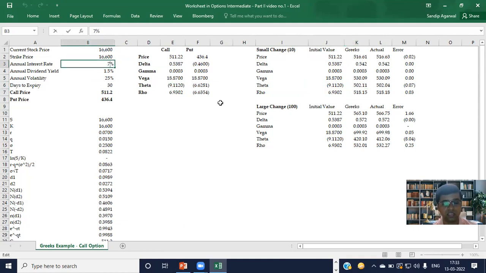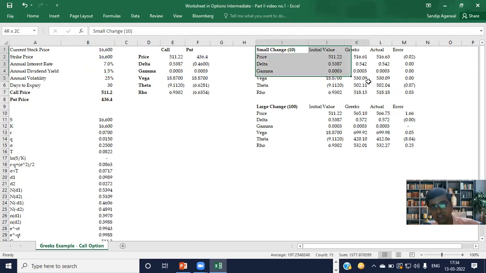So we change the interest rate from 7 to 8%, and we will see how the price of the call option behaves in the cell number E2. You can see the price of the call option becomes 518.18, which is the value which has been pasted in the cell L7, and you can see the value which has been derived from the Black-Scholes model and the manual calculation is almost same. So again, we restore it back to 7%.